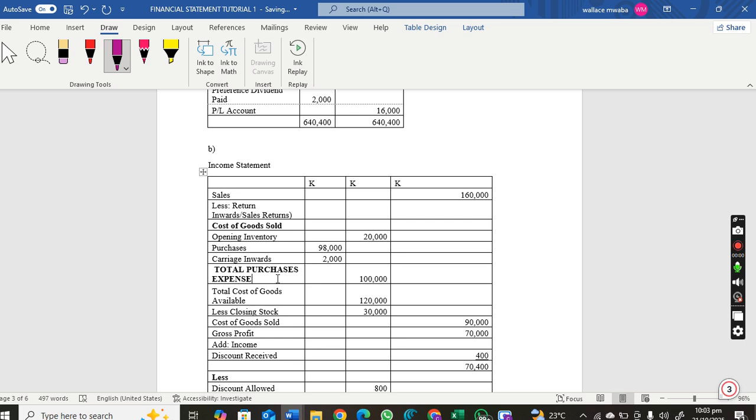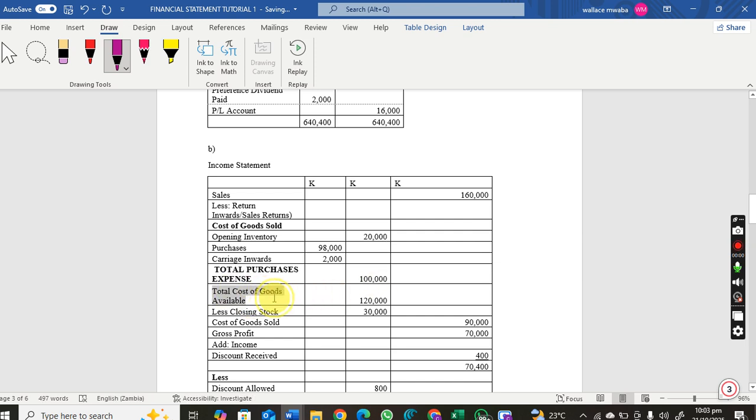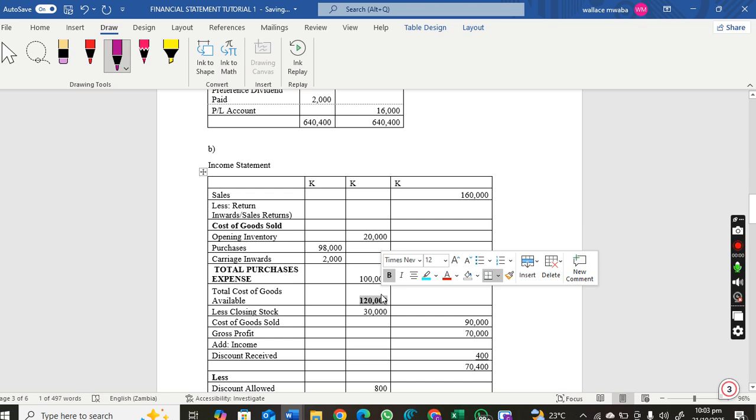So you add your opening inventory, the goods you started with, plus your purchases, to get the total cost of goods available for sale, 120,000.